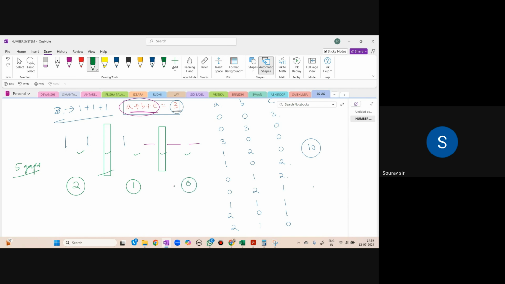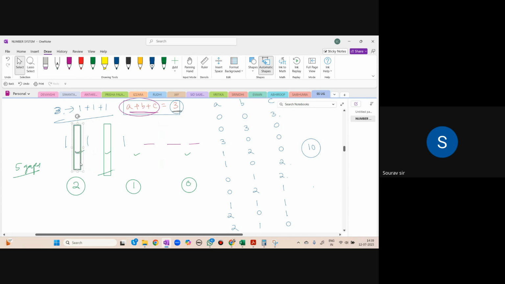So 2 plus 1 plus 0 is 3. I can also put the rod in any other gap. If I put it here, then it will be 1, 1, 1.